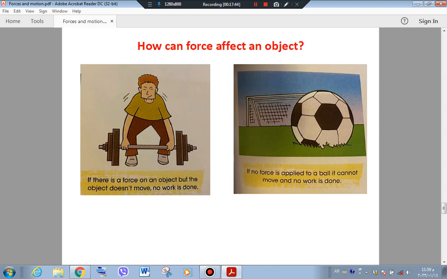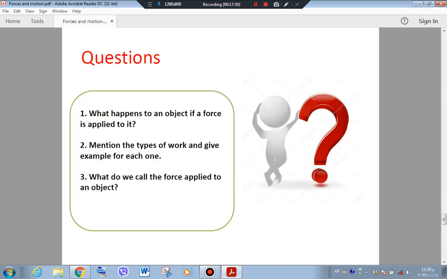If the ball is not moving, if there is no force and no energy transferred, then nothing is done. Therefore we call this zero work.